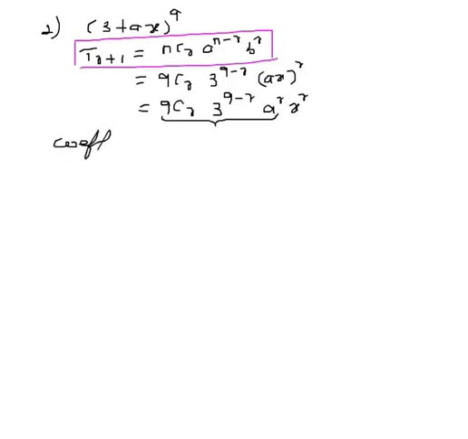We need the coefficient of x^2, which will be 9C2, 3^(9-2). 9 minus 2 is 7 and a^2. We have substituted r as 2 here. Now let us write the coefficient of x^3.